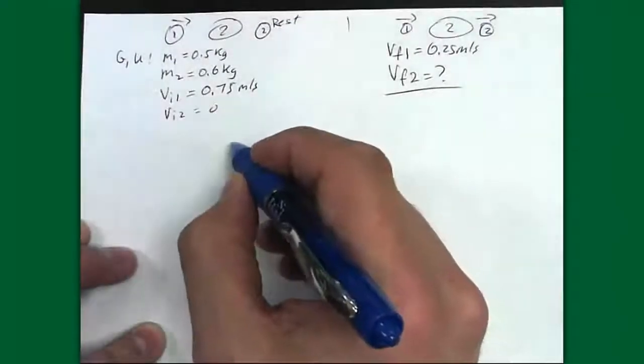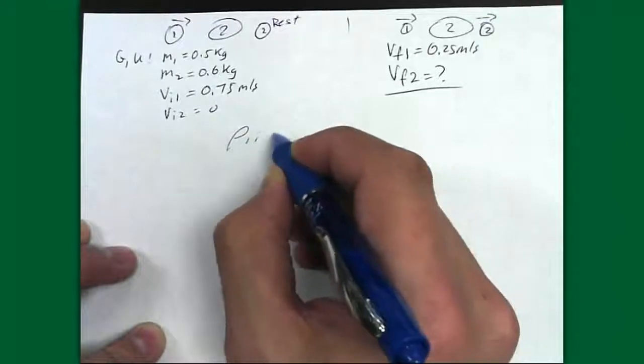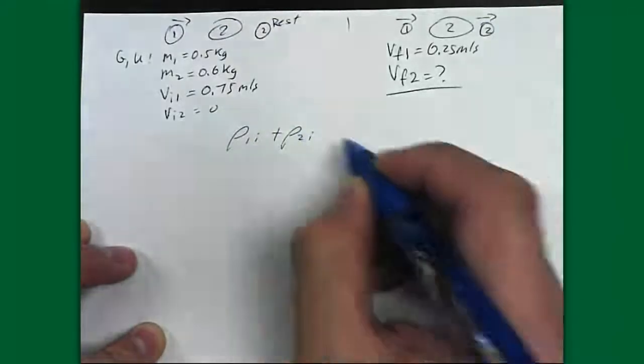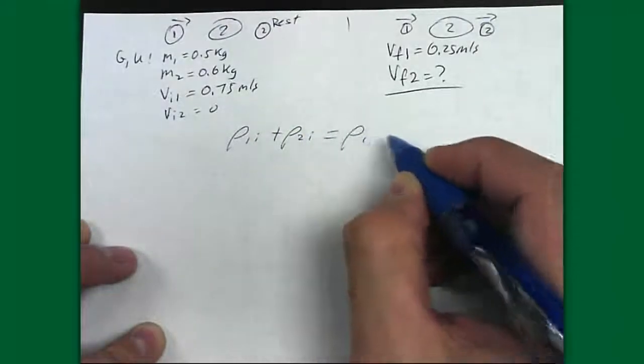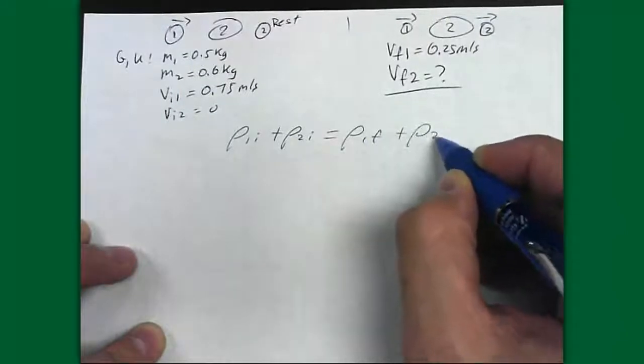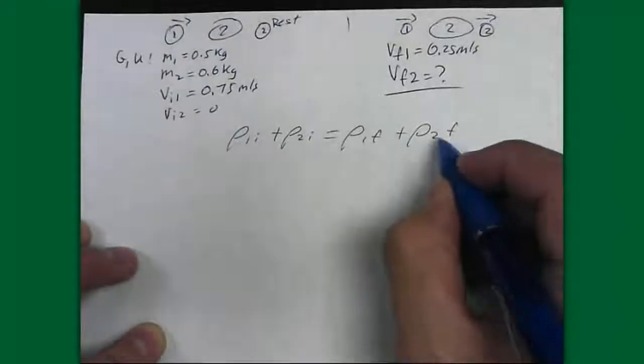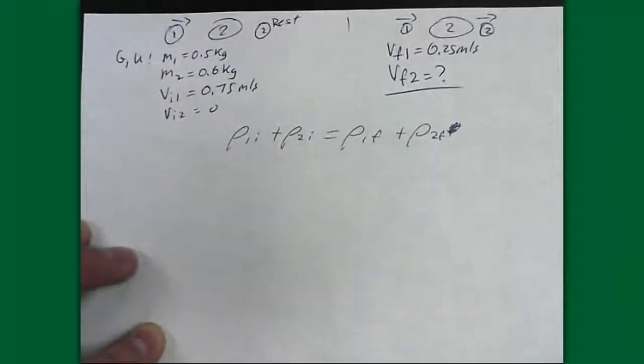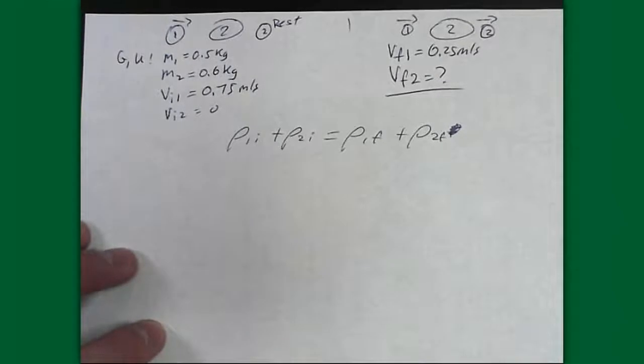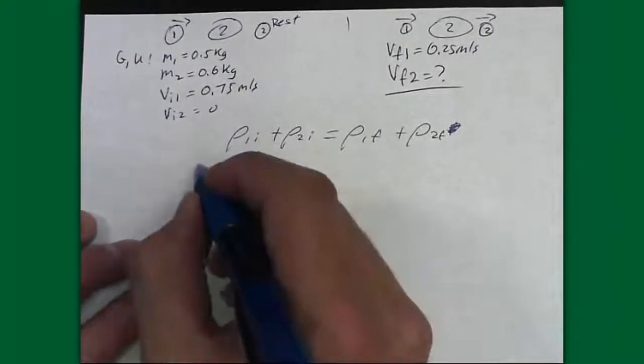So algebraically that means row 1 initial plus row 2 initial equals row 1 final plus row 2 final. That F should probably be down here. And to flesh it out even further, again, I know I'm taking the long method, but I wanted to make sure that you know what's going on.